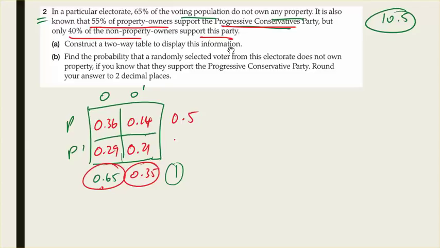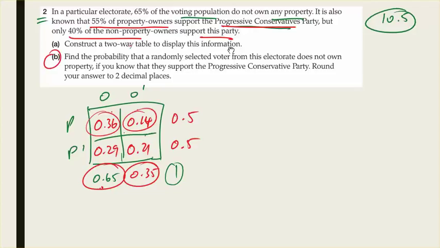And obviously this has to add up to 1, so that has to be 0.5. Now the tricky part was you needed to find percentages of these, because the information given is not as straightforward as just putting the values in. You need to find these two values, and that was the hard part.